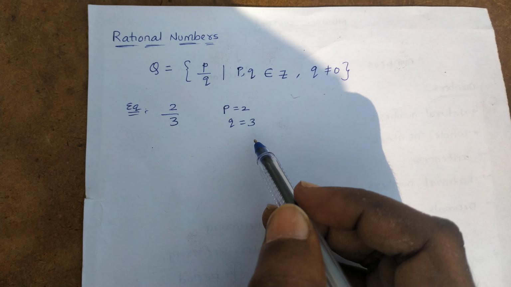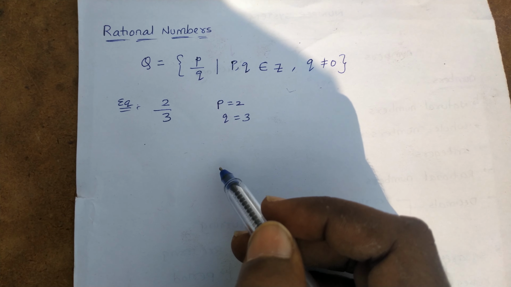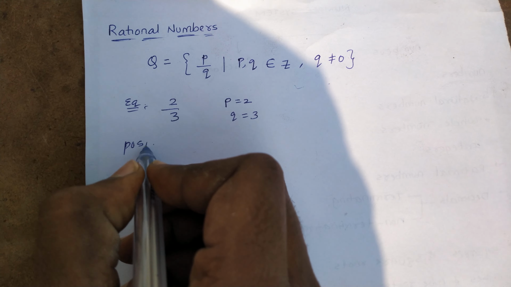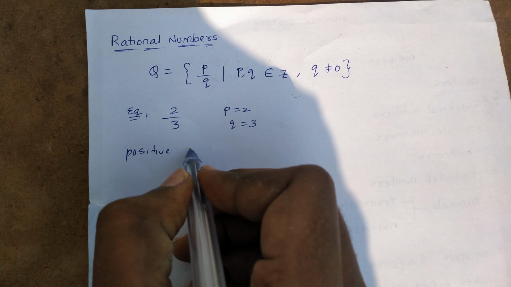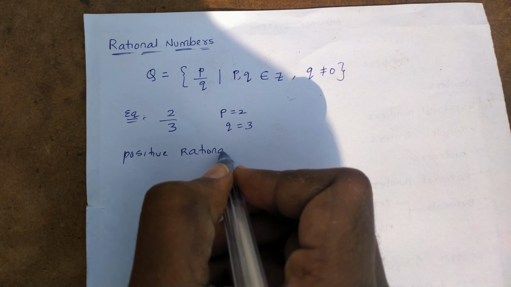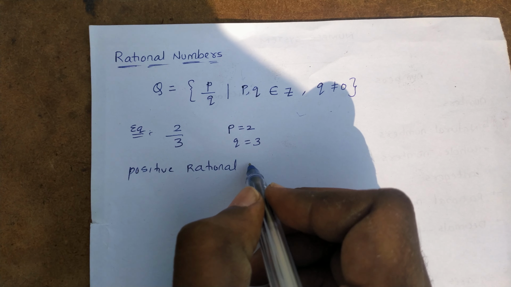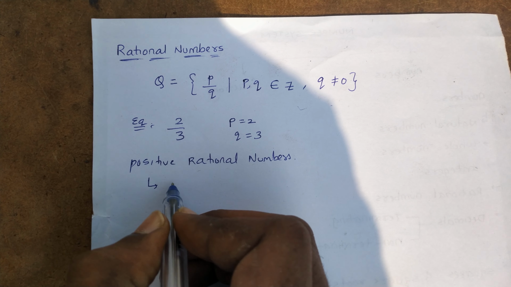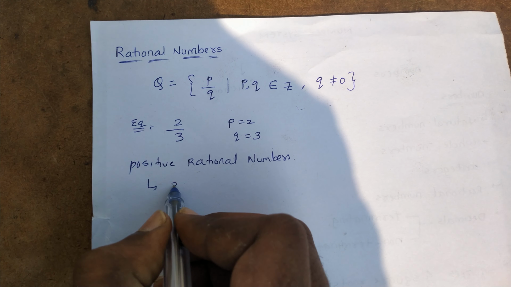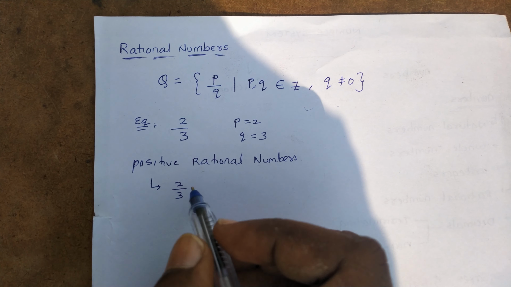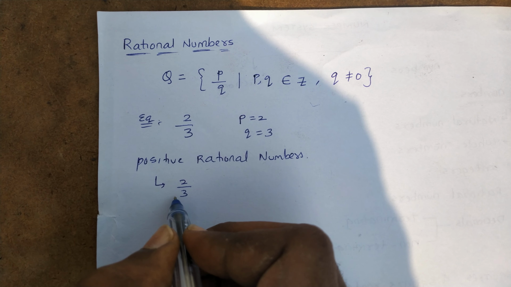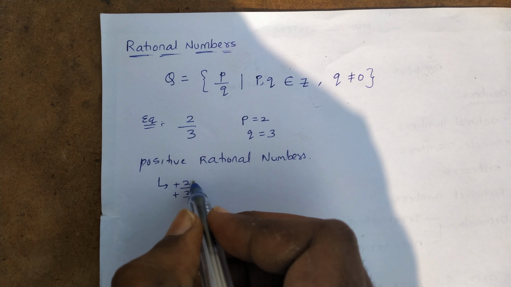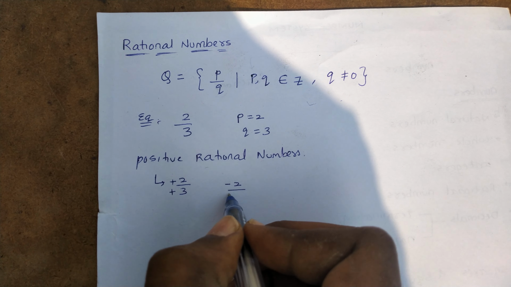And we have positive rational numbers and negative rational numbers. What are positive rational numbers? The above example which I have told you is a positive rational number. That means the numerator and denominator should both have a positive sign, or the numerator and denominator should both have negative signs.